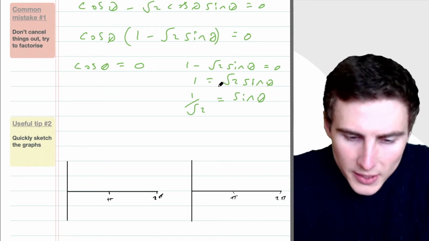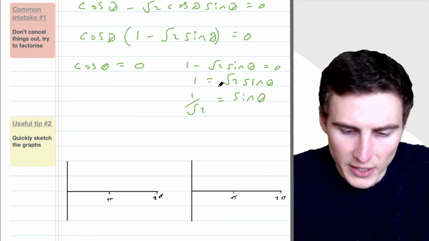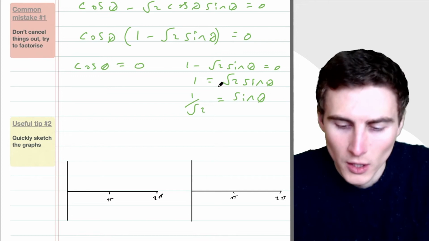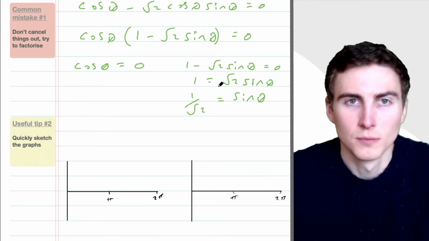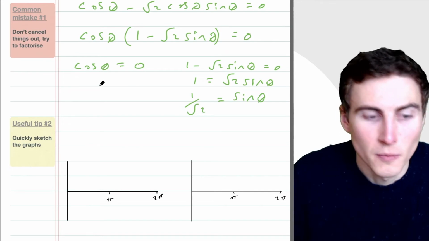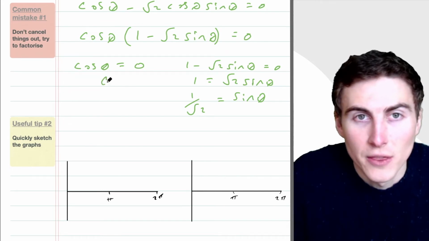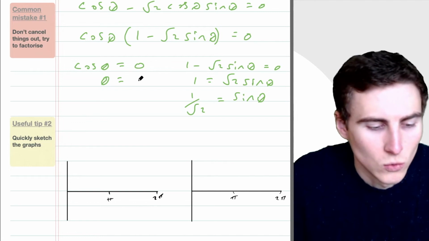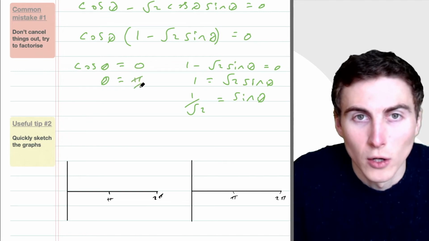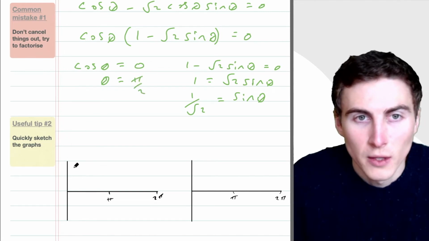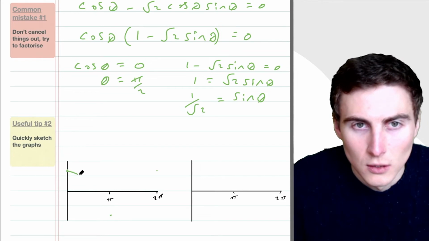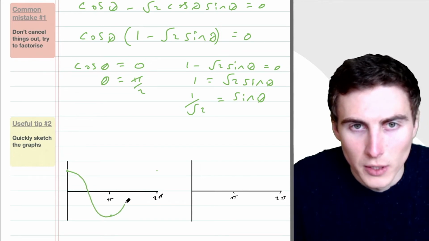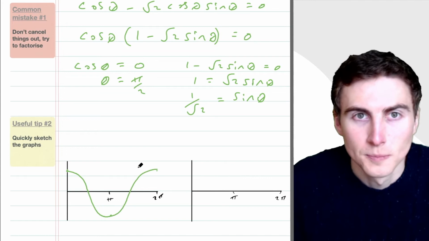If you grab your calculator, make sure it's in radians. We can do cos to the minus 1 of 0, or arc cos of 0, and that tells us that theta is equal to pi over 2. If I draw my cos graph, it'll come down something like that.